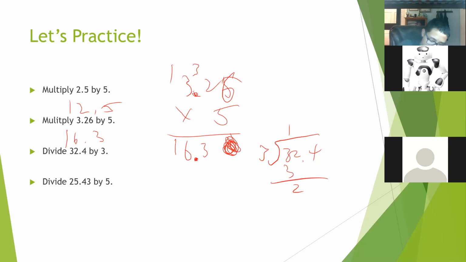And since we can't divide that by 3, we just write a 0 up here and the point, because we moved on to the decimals now. We have 4 now. And what we do is we divide 24 by 3. So 24 divided by 3, basically, that is 8. So 10.8, 24, that makes 0. So that's the end of dividing. What we get is 10.8.